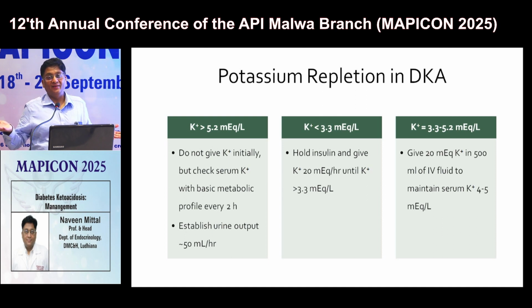Look at the patient clinically. Patient is passing good amount of urine. Get an ECG. ECG is not showing hyperkalemia, tall T wave, replace the potassium. If the patient is anuric, patient is not passing urine, get an ECG, ECG is showing tall T wave, don't give the potassium.